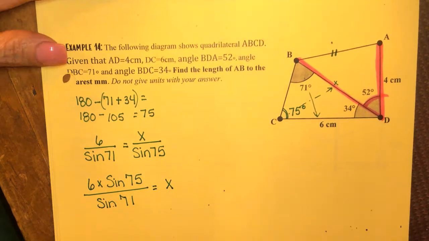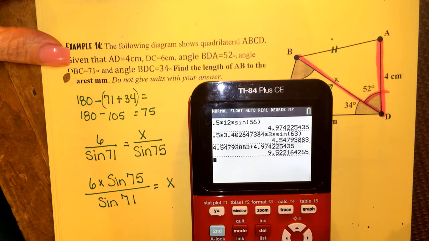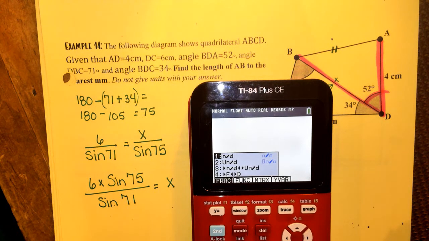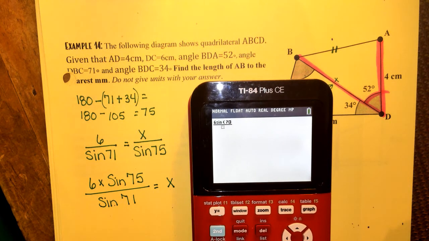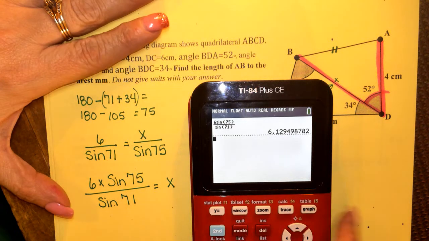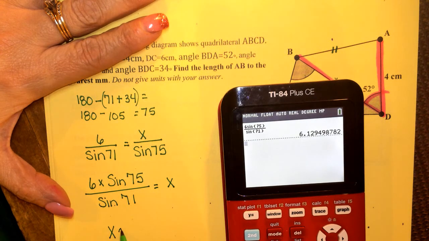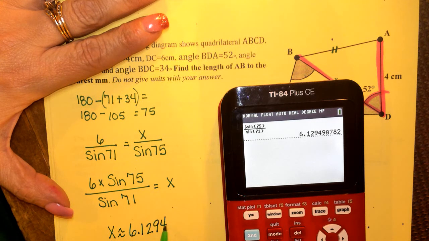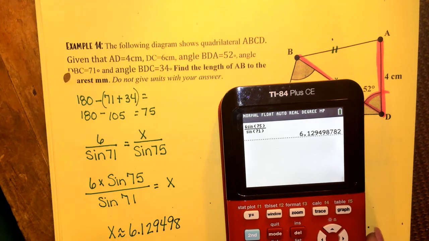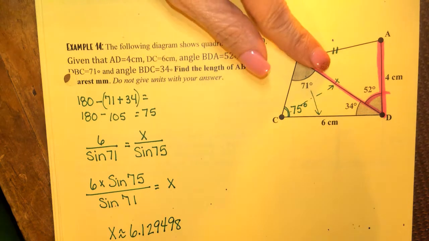All right, so let me solve this. 6 sine of 75 over sine of 71 is 6.129. So I'm going to say that x is approximately 6.129. I'm going to go ahead and put some more numbers on there just so I have them. All right, so now I know x.